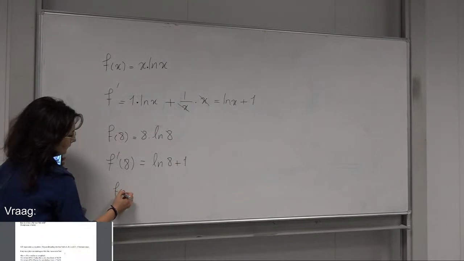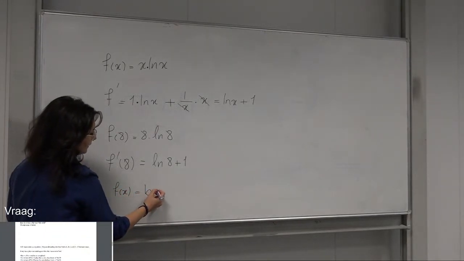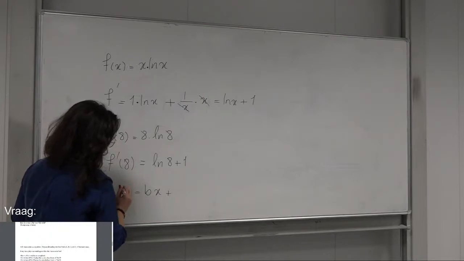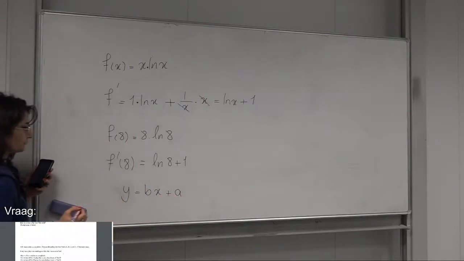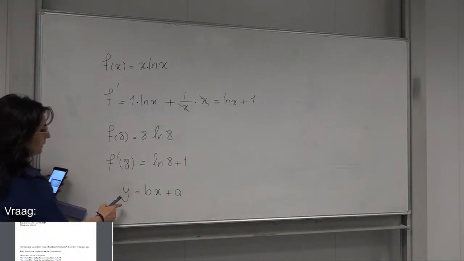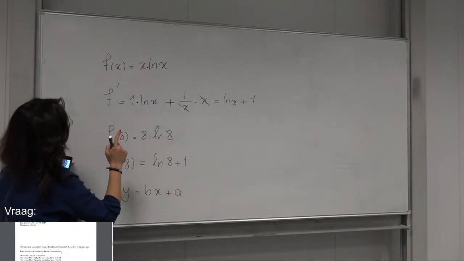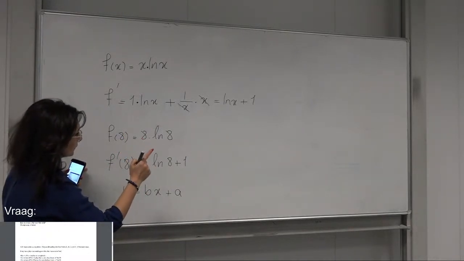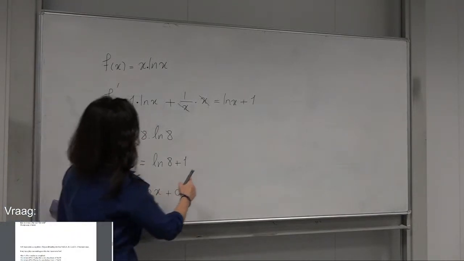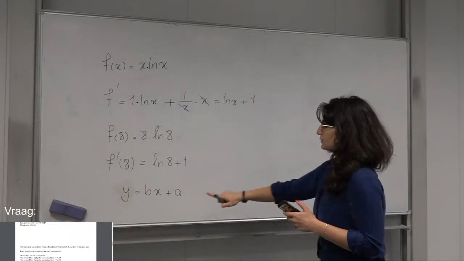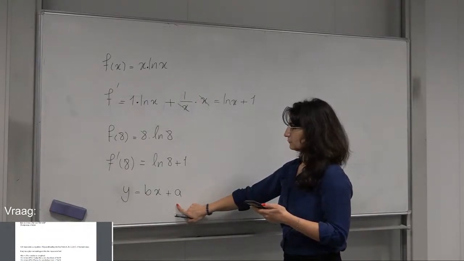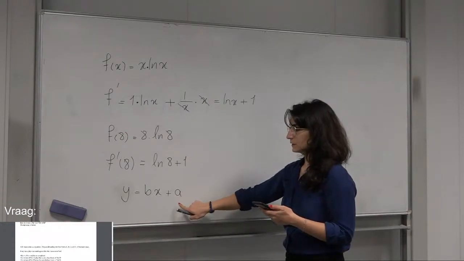It is f of x equals f prime of a times x minus a, plus f of a. So I need to just put everything here, and then you have the answer. This is the tangent line that you need.